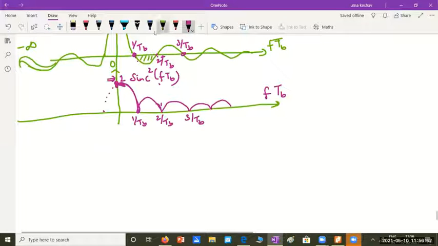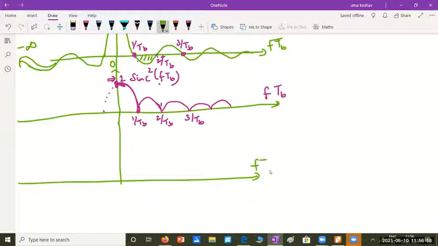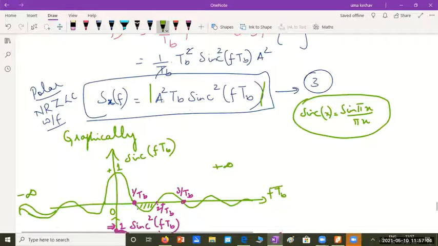Next, let me write Sx of f. Can you write Sx of f? What is Sx of f? Sinc square ftb scaled by the value a square into Tb. That's all.